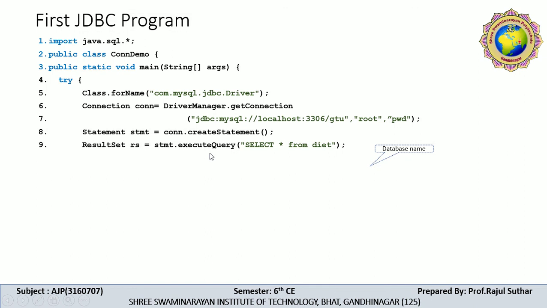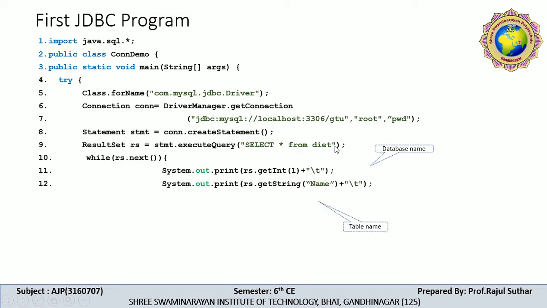We are familiar with this. ResultSet rs is equal to statement.executeQuery, and we are using select star from diet. The database name is here. While we perform rs.next() in the loop, System.out.println rs.getInt(1), the first integer.